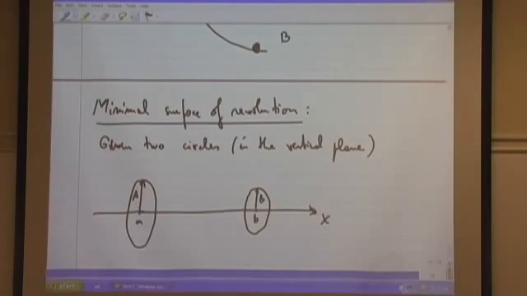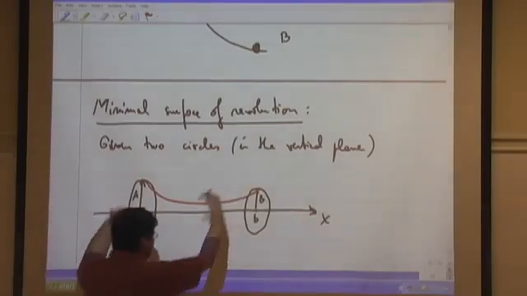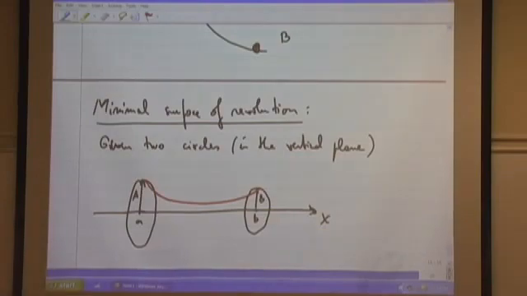What you'd like to do is find a surface of revolution. So what's a surface of revolution? It's basically a path between those two points that is then rotated around the x-axis, and it gives you a surface.